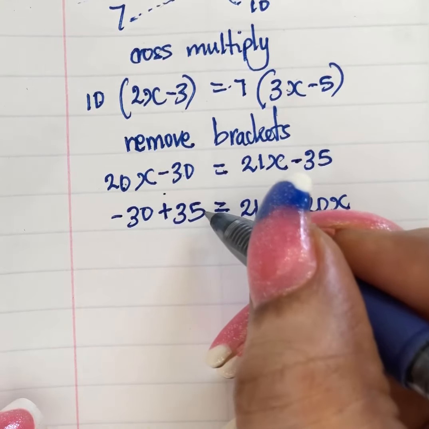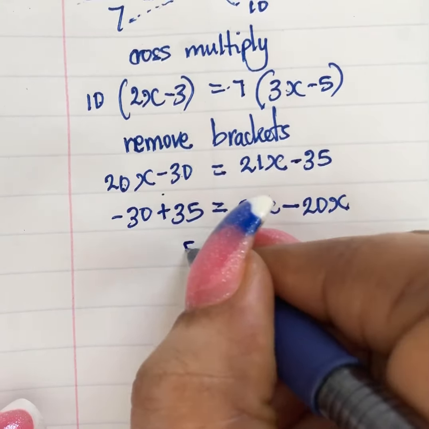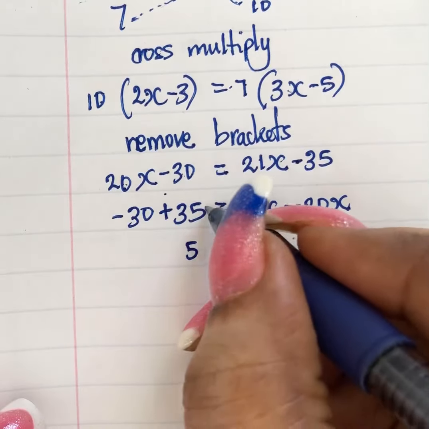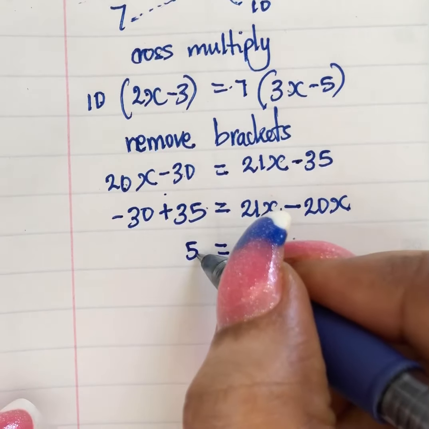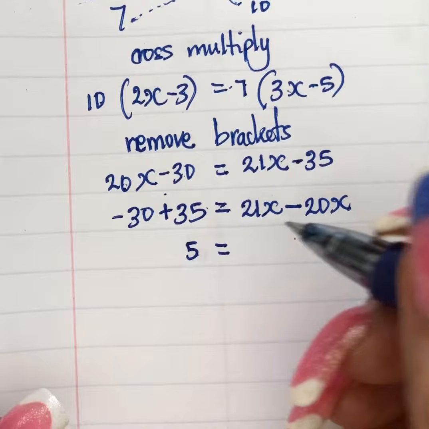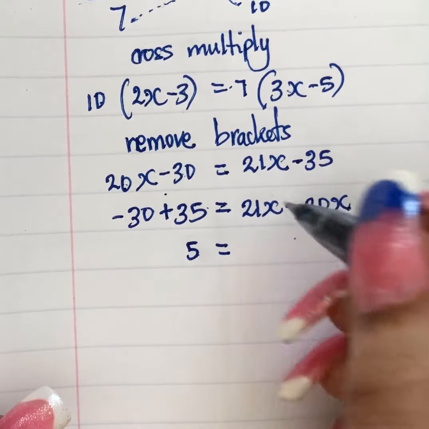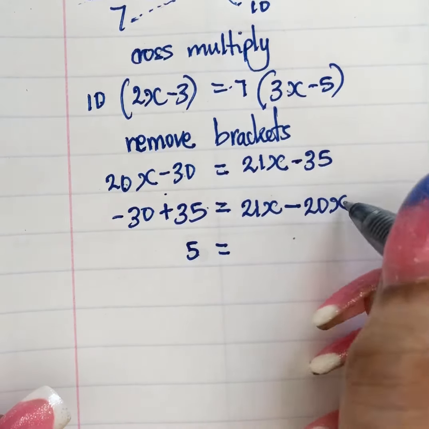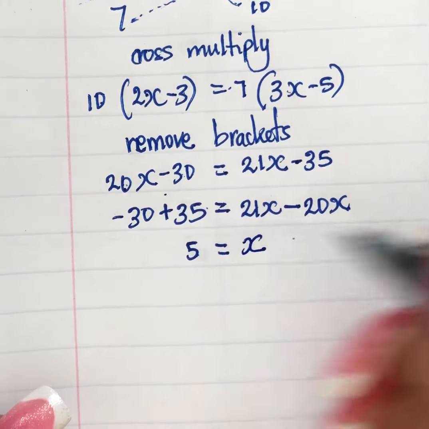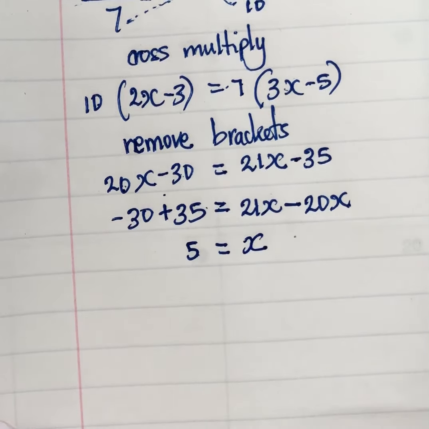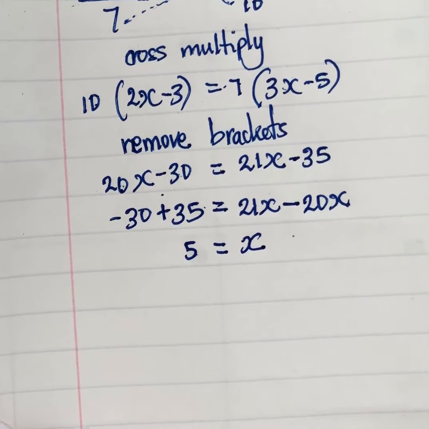Minus 30 plus 35 is 5. Or we may say 35 minus 30. Right? You could read it backward, front, anyhow. And 21 minus 20 is 1. So I'm finished. Yes, that question is finished.